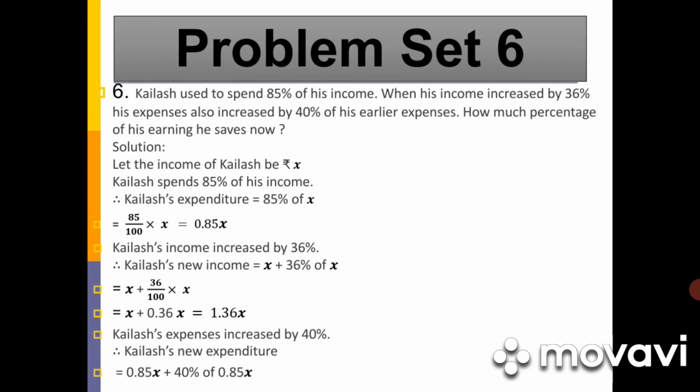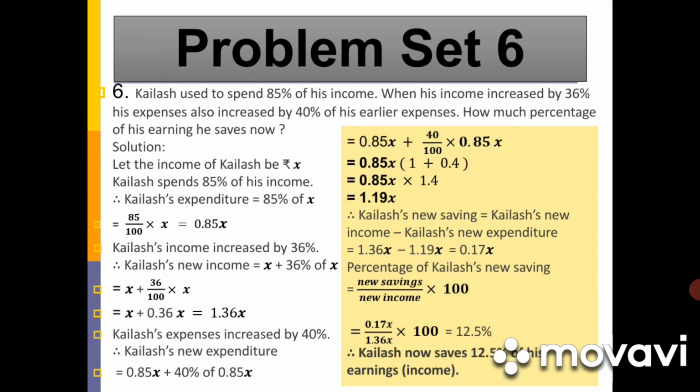Kailash's expenses increased by 40%. Therefore, Kailash's new expenditure is equal to 0.85X plus 40% of 0.85X. This is equal to 0.85 into X plus 40 upon 100 into 0.85 into X, which is equal to 0.85X into (1 plus 0.4), taking 0.85X common.